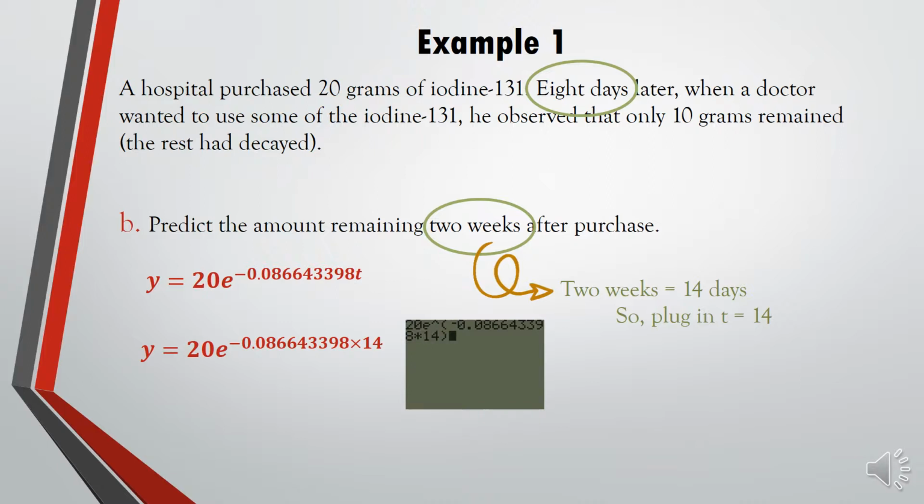Then close the parentheses if yours opens one up for you. And there you have it. It doesn't tell us what to round to, so I'm just going to use 2 decimal places. So y equals 5.95 grams. I'm using the units of grams because I know that in the problem it says that the hospital initially purchased 20 grams. So that gives me a frame of reference for what my unit should be.